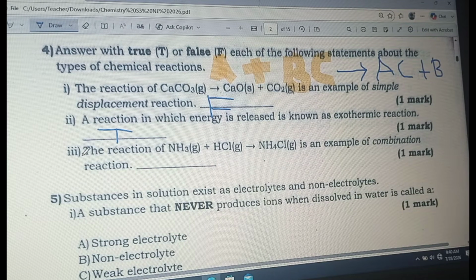Okay. I3, a reaction of ammonia reacting with hydrogen chloride to form ammonium chloride is an example of combination. Yes, because these compounds combined together to form a single compound. Okay, this is true.